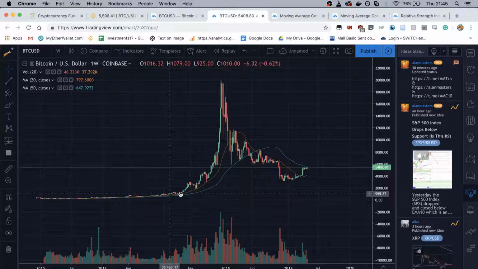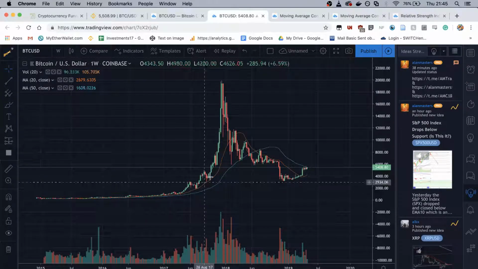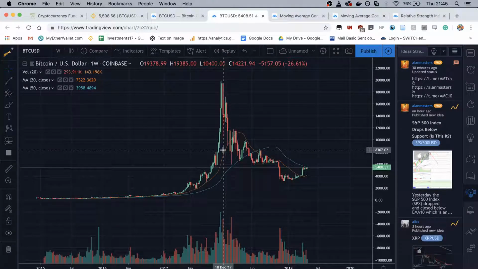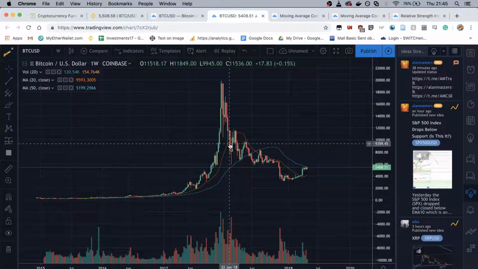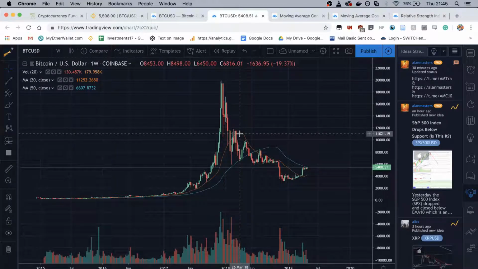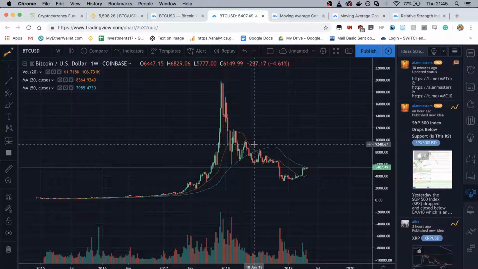But as you can see here, the whole way all along 2017, the orange line is above the blue line, which indicates it's a good signal for a bull trend. I wouldn't use this as the only signal, but it's an easy one to implement and gives you a rough overview of the situation.